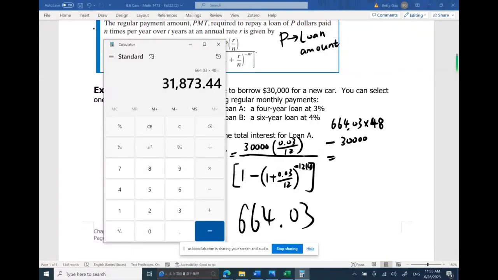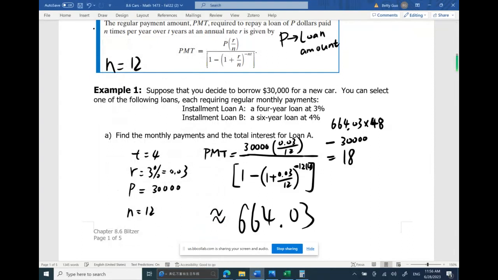Every month you spend money on a car loan for 48 months, for 4 years. And that's how much money you end up spending. And then subtract the money you owe, 30 grand. And the difference is 1,873.44. And that's the interest.